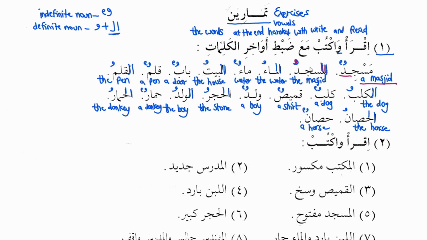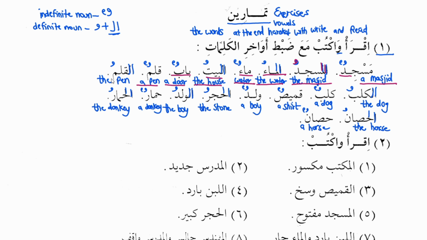So this is al masjidu, meaning the masjid. Al ma'u means the water. Ma'un means water. Al baitu means the house. Babun means a door. Qalamun means a pen.